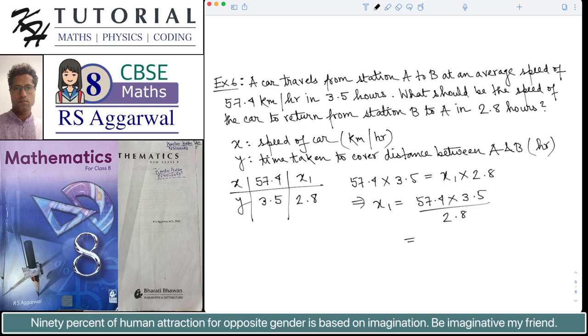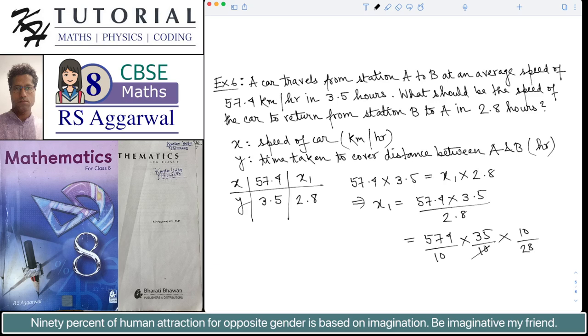If we convert all the decimals to fractions, we get this to be equal to 574 by 10 multiplied by 35 by 10 multiplied by 10 by 28. 2.8 is 28 by 10, and the 10 will go in the numerator.